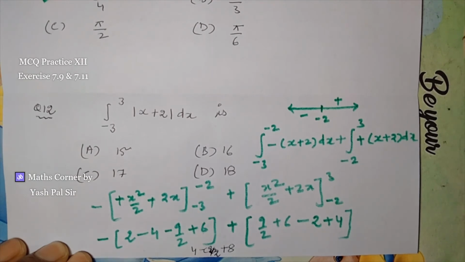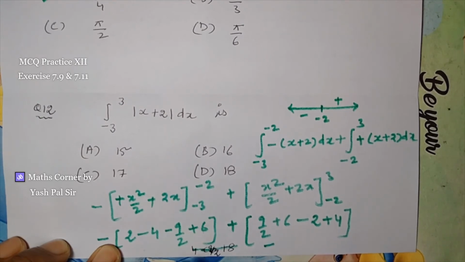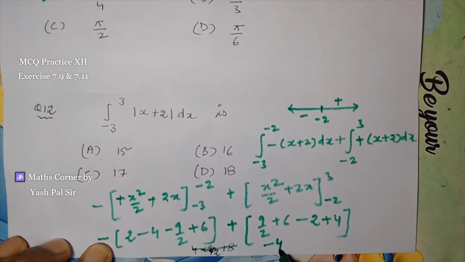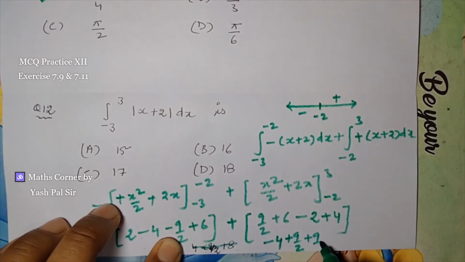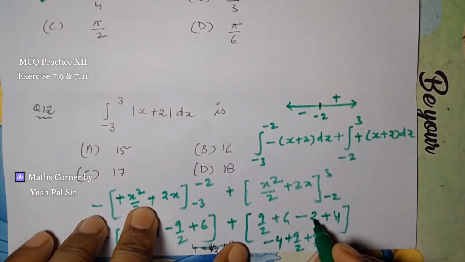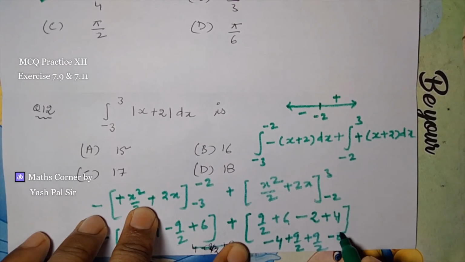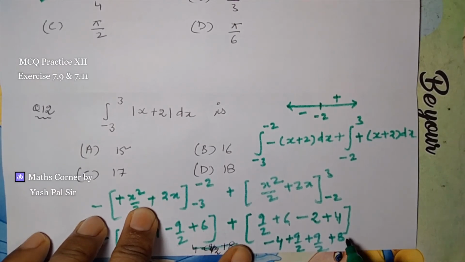But already here we have the minus sign, so this becomes minus 2 minus 4, minus 2, minus 2 plus 6 is plus 4, that is minus 4, and this is plus 9 by 2, again plus 9 by 2, 6 plus 4 is 10, 10 minus 2 is 8, plus 8.